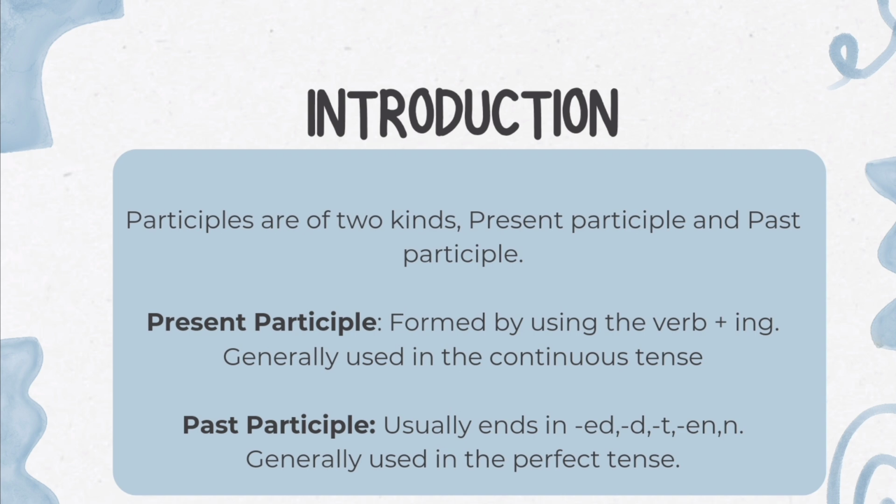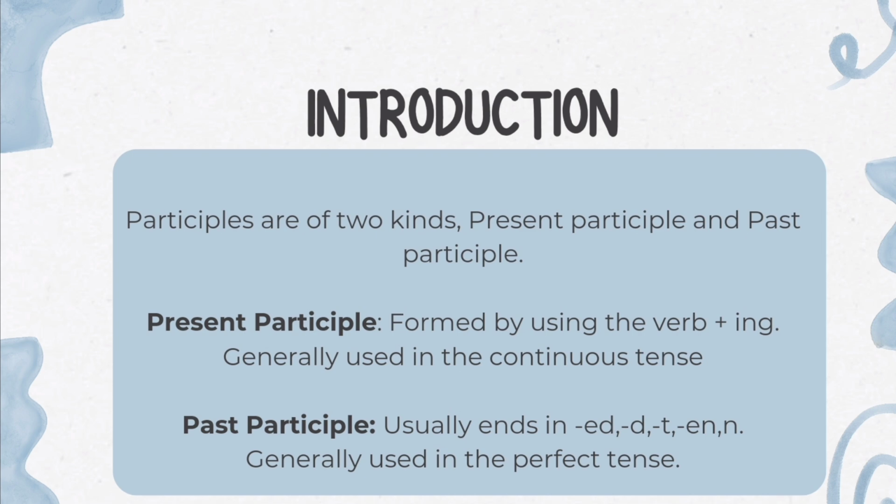When the past participle is used in a sentence without any helping verb, it is also called a non-finite verb. If we do not add a helping verb to a sentence in which a past participle is there, that verb will be known as a non-finite verb.